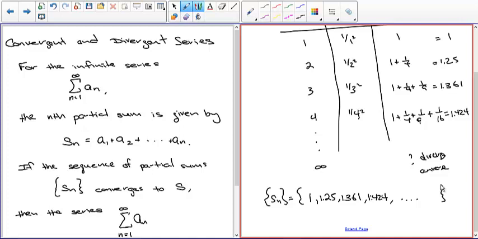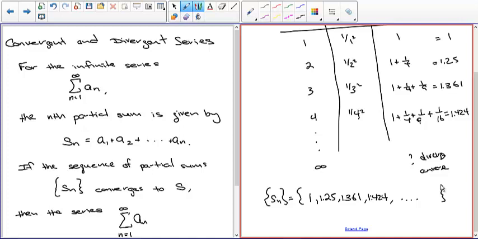Now, we're not going to physically do that, but that's the official definition for how you determine the convergence or divergence of a series. Another, non-mathematical way to think about it is, if you have an infinite series where the nth partial sum approaches a fixed value, then it converges.